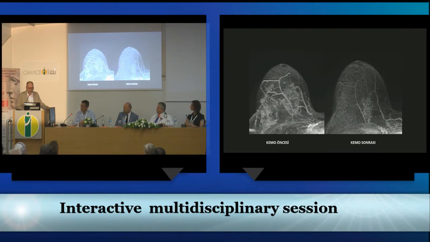So this is how she was before chemotherapy, the 3D MIP images. This is after chemo. They all disappeared. And what you see here is the surgery bed.